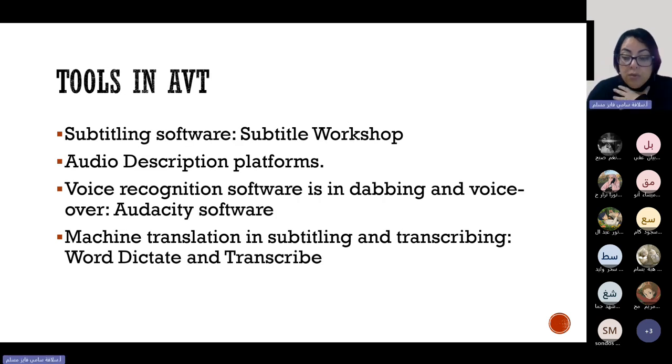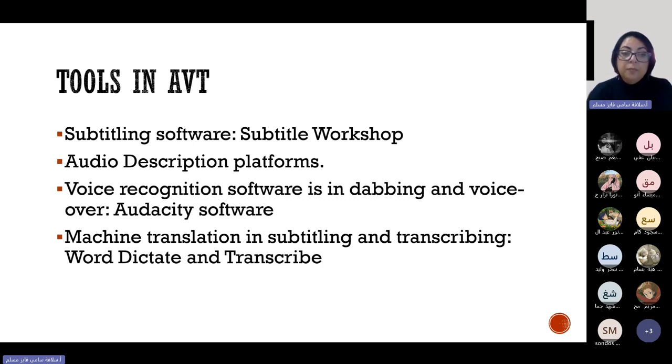What are the tools that people use in AVT? Besides what I told you before regarding the subtitle workshop, the Audacity software, and the Microsoft Word transcribe and dictate, people use subtitling software, audio description platforms, voice recognition software, and machine translation.